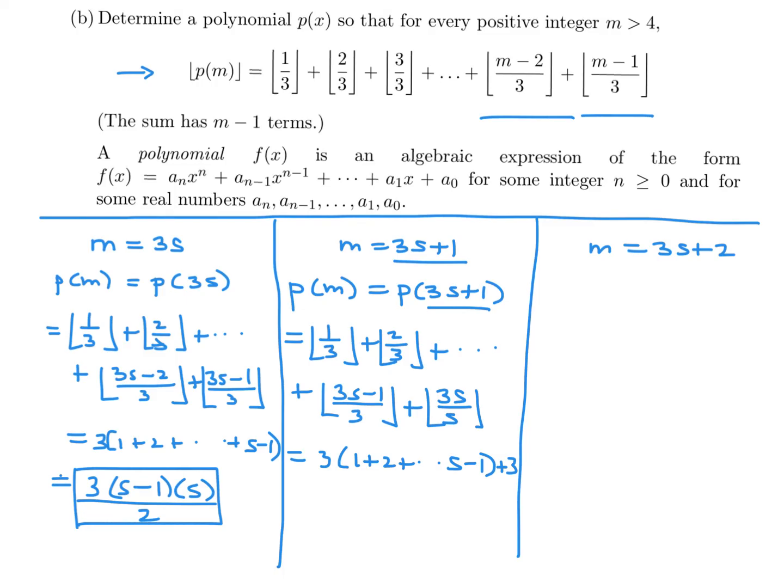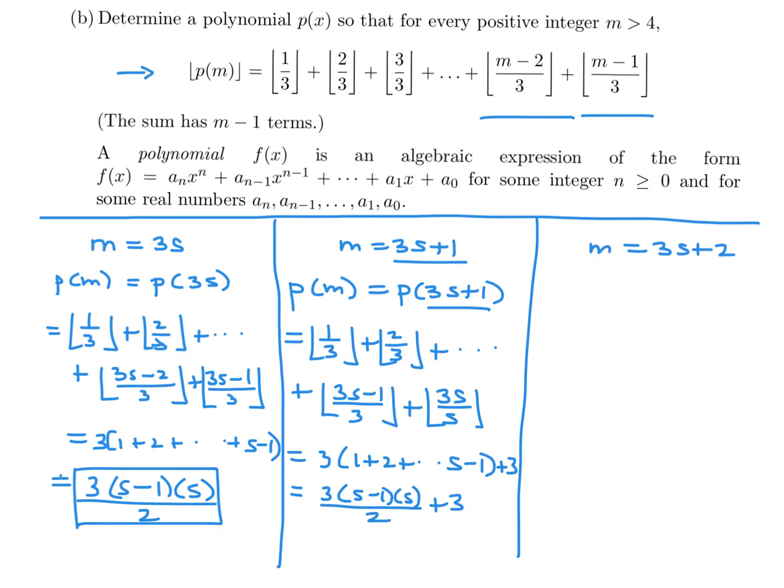Kind of similar to part A, I guess, in some ways. All right, so using the formula, this is going to be 3 times (s minus 1) times s over 2 plus s.